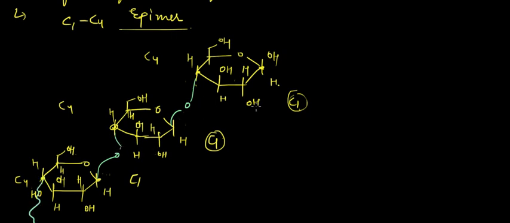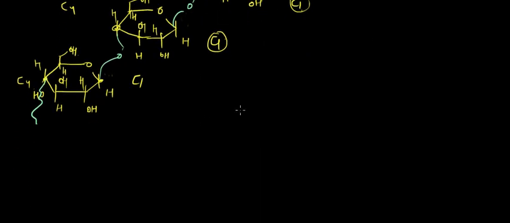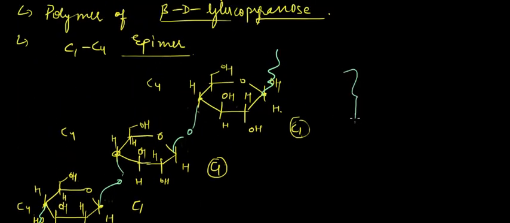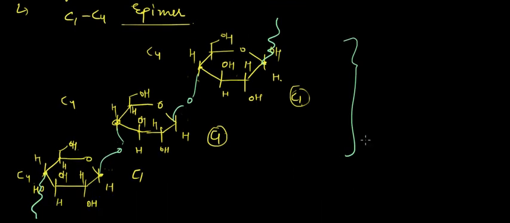Again this will go on, and this will go on. So this is the polymer resulting in the structure of cellulose. This is actually polymerization. Rather I should draw bigger braces. This is polymerization.